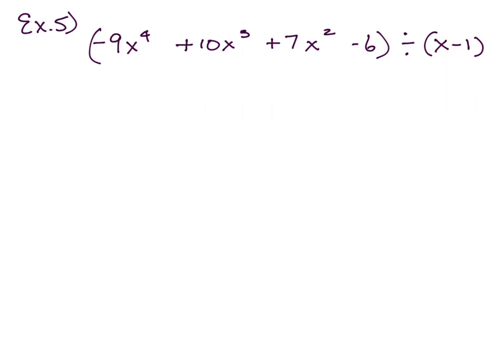Okay, so this is a 4th degree polynomial. What goes in the box? 1. And then? Uh-huh. And then? Okay, here's where you're going to have trouble.